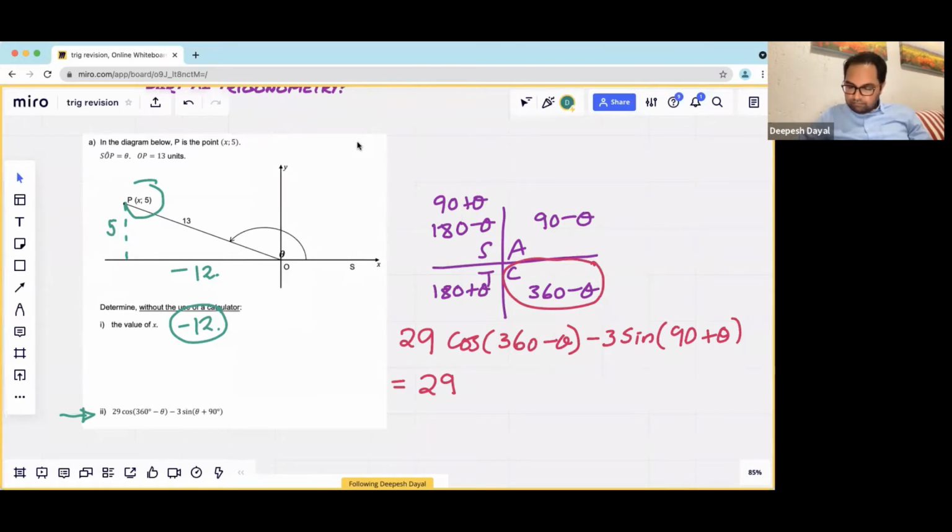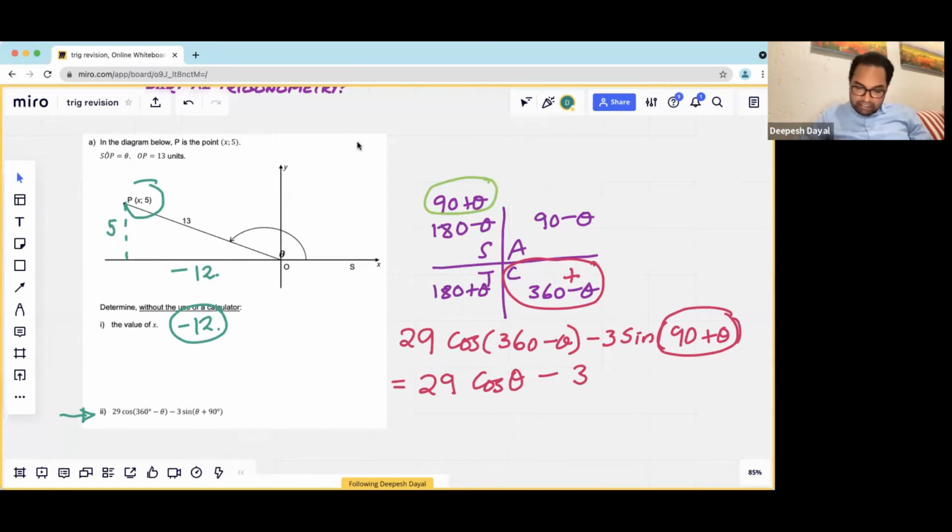Cos is positive in the fourth quadrant, so cos is going to be plus cos theta. So it just becomes cos theta, minus, and then we've got 3. Now, what's this 90 plus theta? It's located here, but that is a co-function.